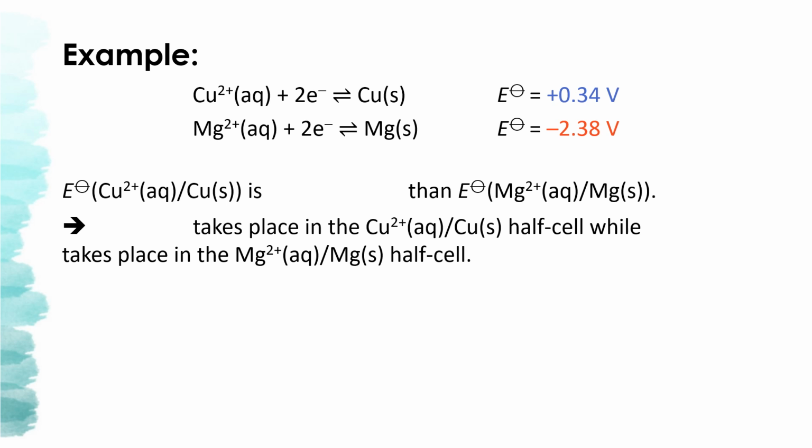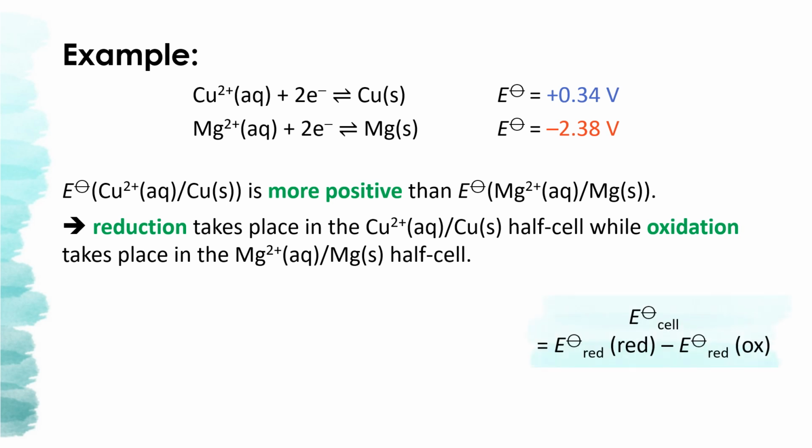By virtue of the standard electrode potential, more positive means that reduction takes place at the copper half cell, while oxidation takes place at the magnesium half cell. Then how to calculate the voltage? We make use of this formula, reduction minus oxidation, and we can get the voltage plus 2.72.